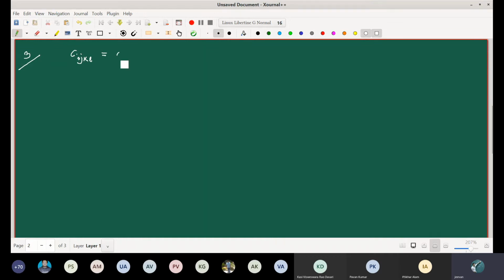So this is lambda delta ij delta kl plus G delta ik delta jl plus delta il delta jk. I hope this expression is clear to everyone.